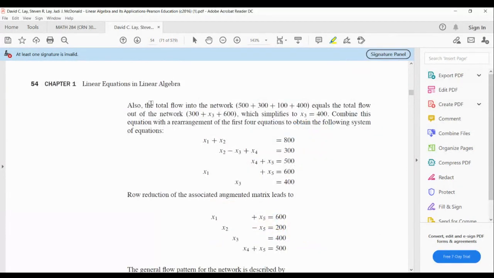But they also comment that the total flow into the network equals the total flow out of the network, okay, which simplifies to x3 equals 400.